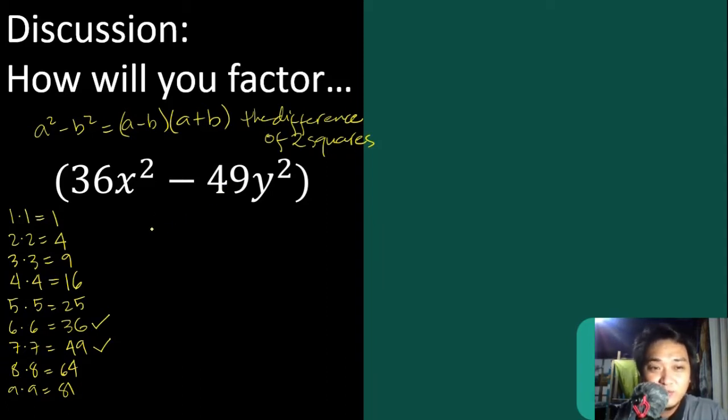Kunin natin yung square root ni 36. Tsaka kunin natin yung square root ni 49. So, the square root of 36 is equivalent to 6. Tsaka yung square root naman ni 49, because it is a perfect square number, that is 7.